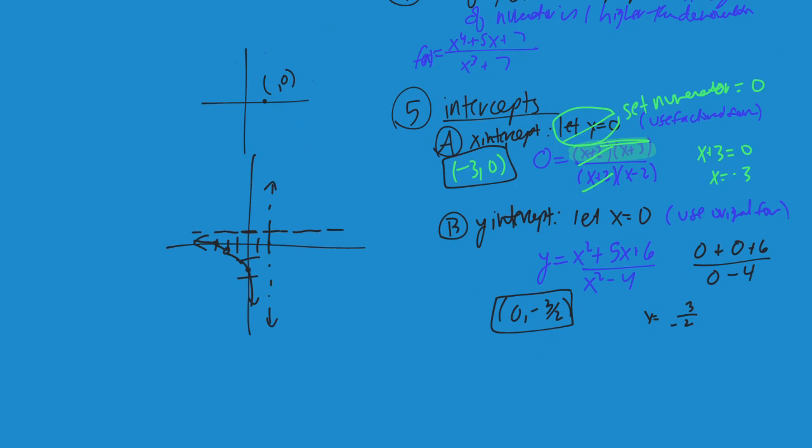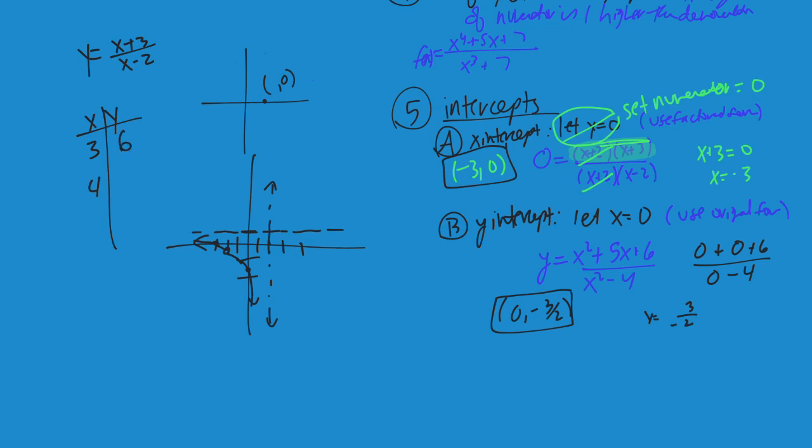So I'm going to plug in, say, 3 and say 4 to see what happens. I'm going to put them into my easiest function, which is y is equal to x plus 3 over x minus 2. I took that from my third equation. If I plug in 3, I get 6 over 1, which is 6.